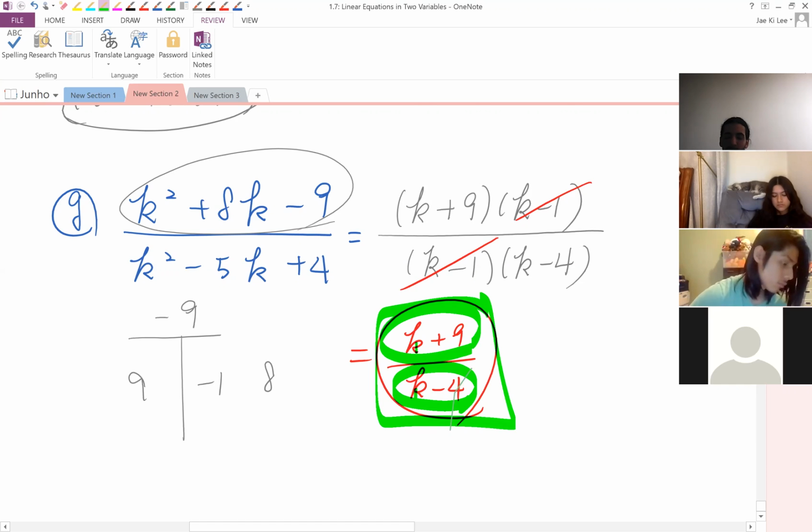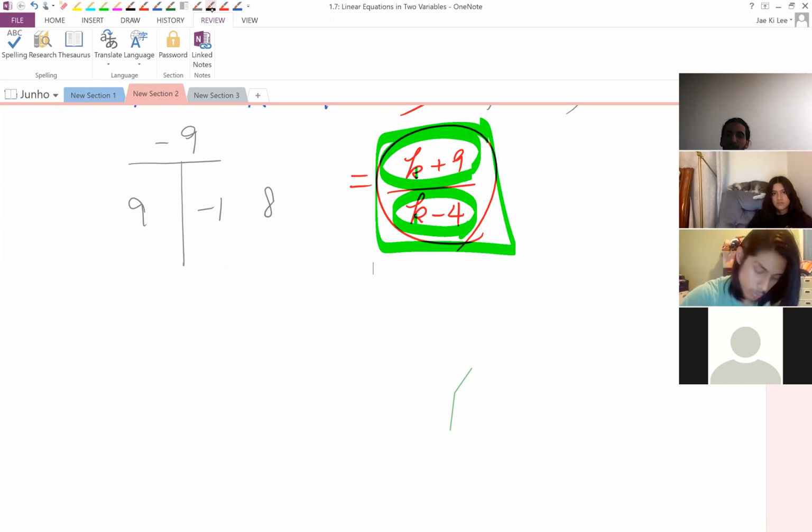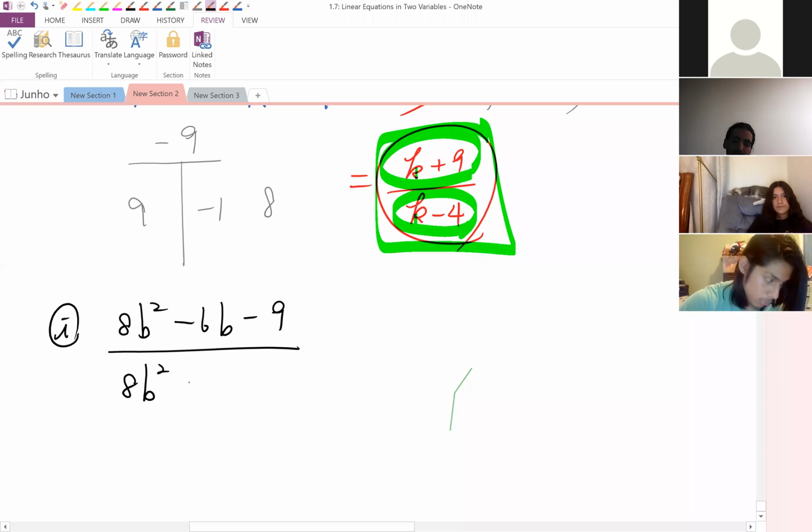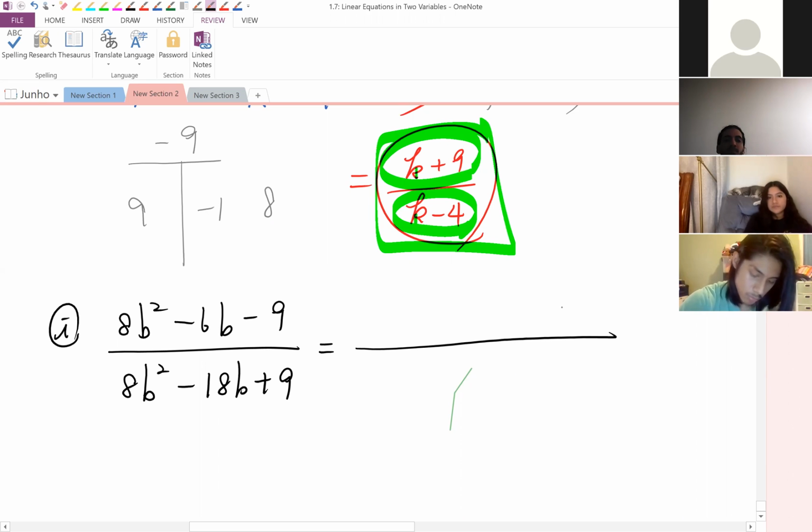Okay, now the next one is 8b squared minus 6b minus 9 over 8b squared minus 18b plus 9. So Christ, can you show your factoring answer?